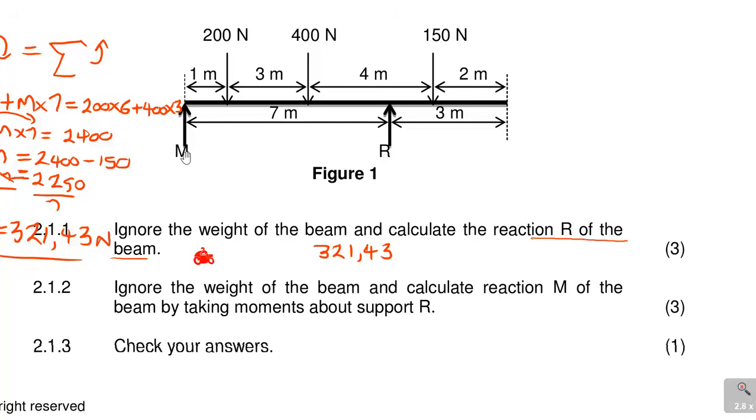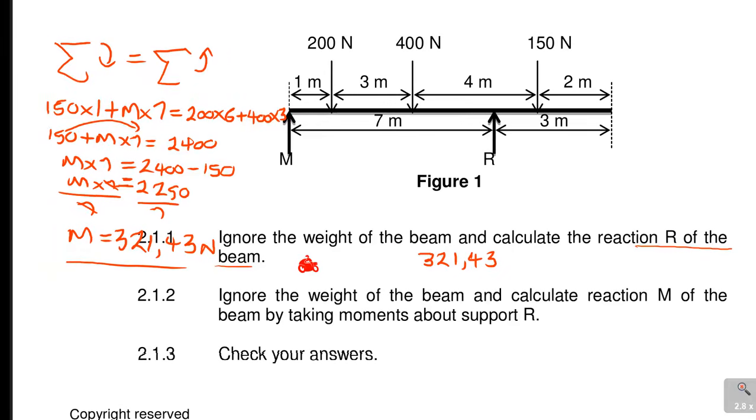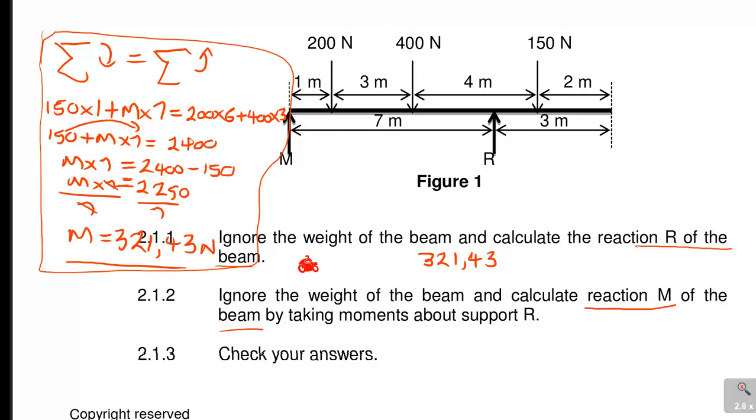I was supposed to take moments about, this is taking moments about M. I didn't read this particular question right. That's why it says ignore the weight of the beam and calculate the reaction M of the beam by taking moments about support R. So this is actually the question for 2.1.2.